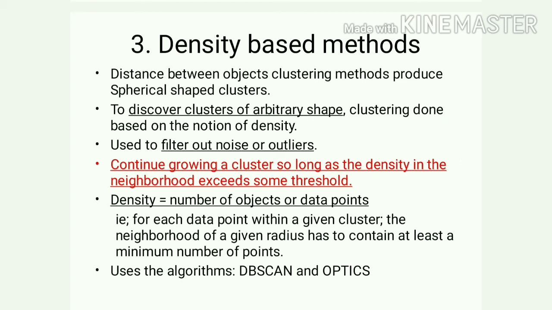So it is used to discover arbitrary shapes, as well as to filter out the outlier noise, while continuing to grow a cluster so long as the density in the neighborhood exceeds some threshold value.